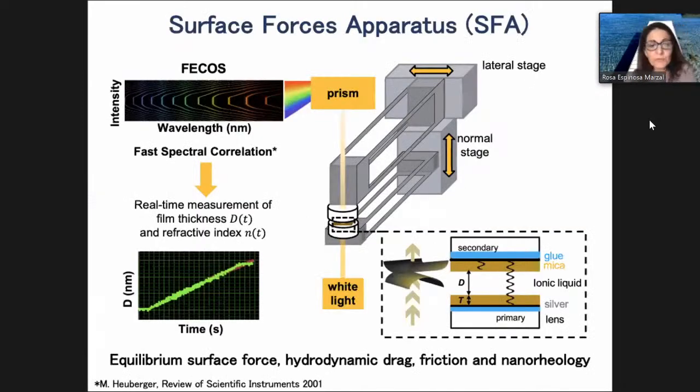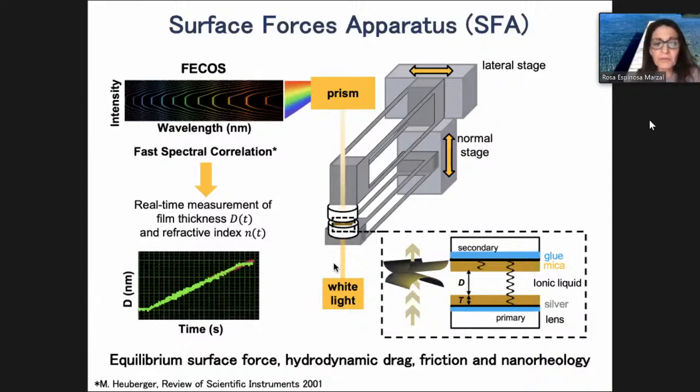To investigate the structure of the confined ionic liquid films, we use a surface forces apparatus, an SFA. For those of you that don't know much about SFA, in the SFA, the ionic liquid is confined between two mica surfaces. The mica becomes negatively charged in contact with the liquid, and the mica is coated on the backside by a silver thin film, and so light shines through it.